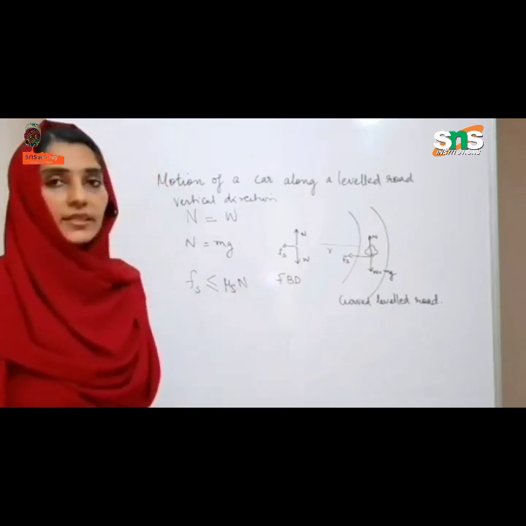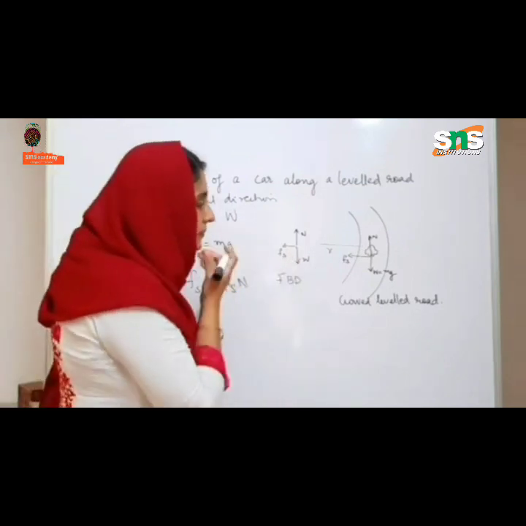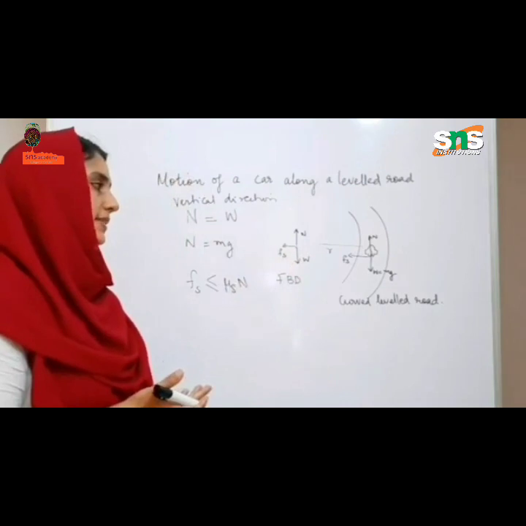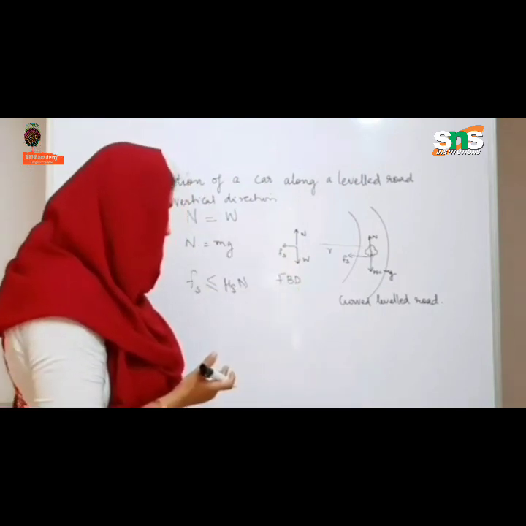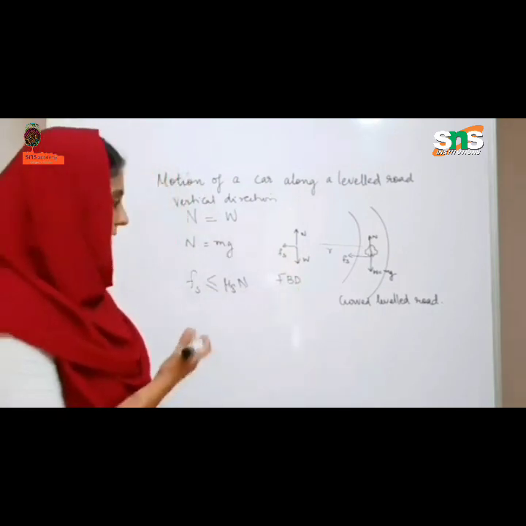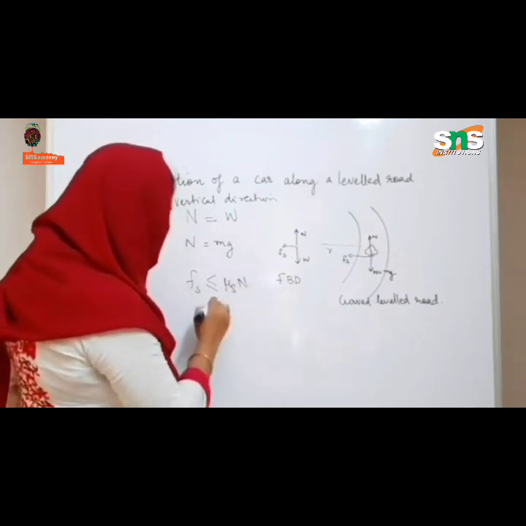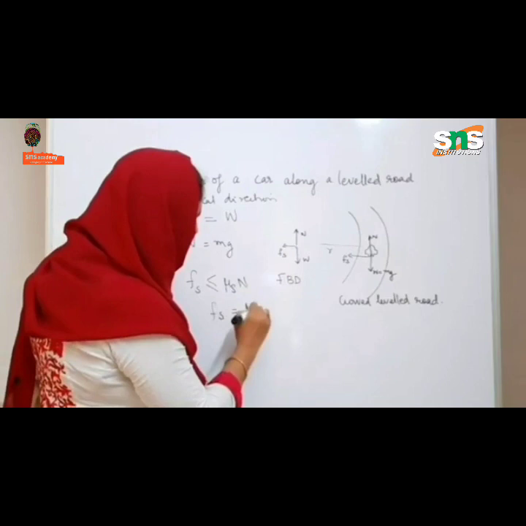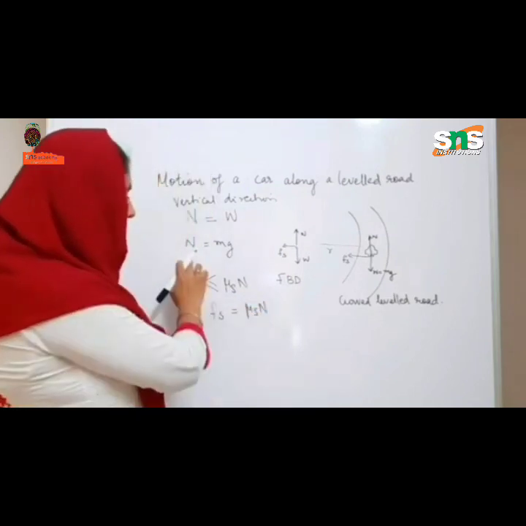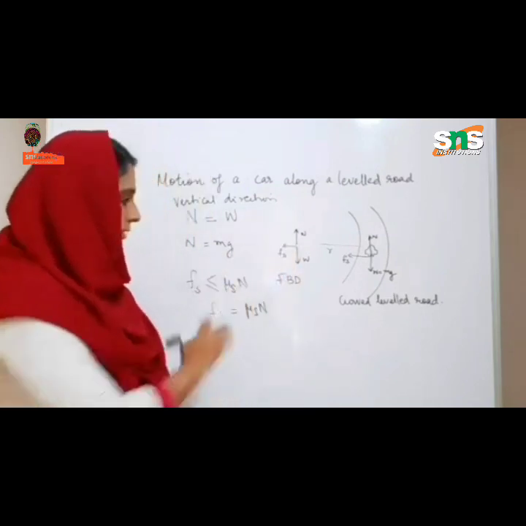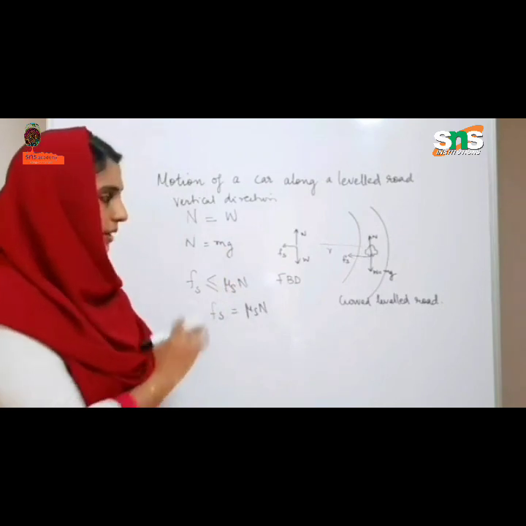As we are concerned with the maximum speed with which the car can move around a circular path, let us equate it with the maximum or the limiting friction. So let us write Fs is equal to mu s into N. Now we know that N is equal to mg according to the above equation.